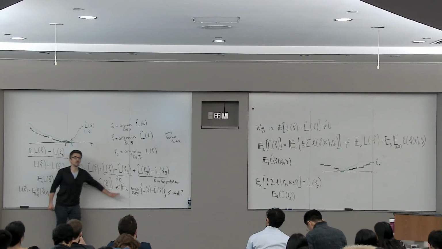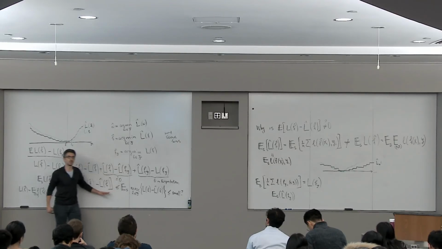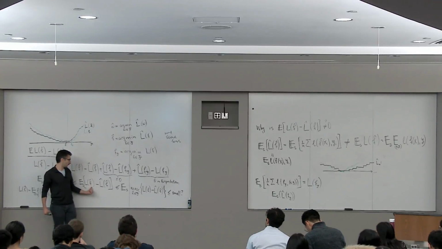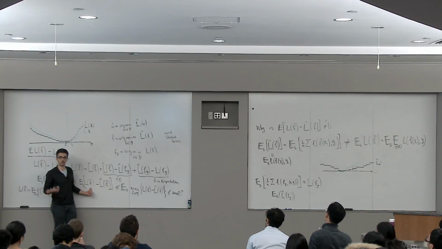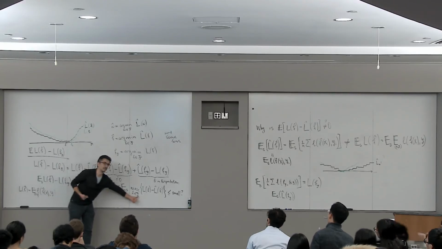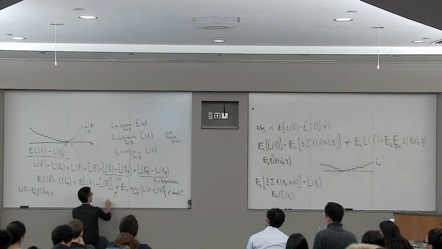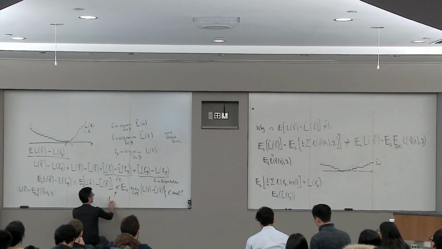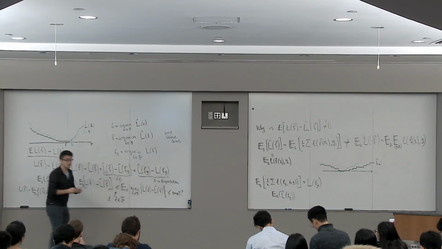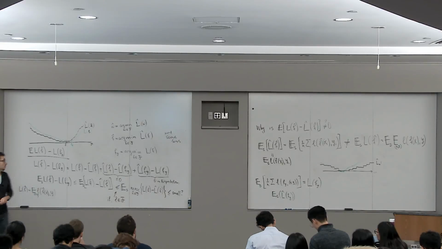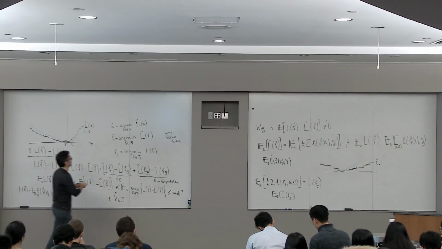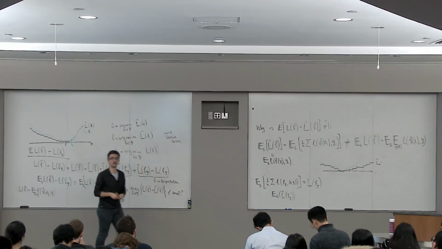This step is true anytime that f hat takes values in F. What is important is that f hat takes values in this class F, otherwise it would not be true. So this is true if f hat belongs to F, which is the case when we do empirical risk minimization. Here I'm assuming that we're minimizing empirical risk.